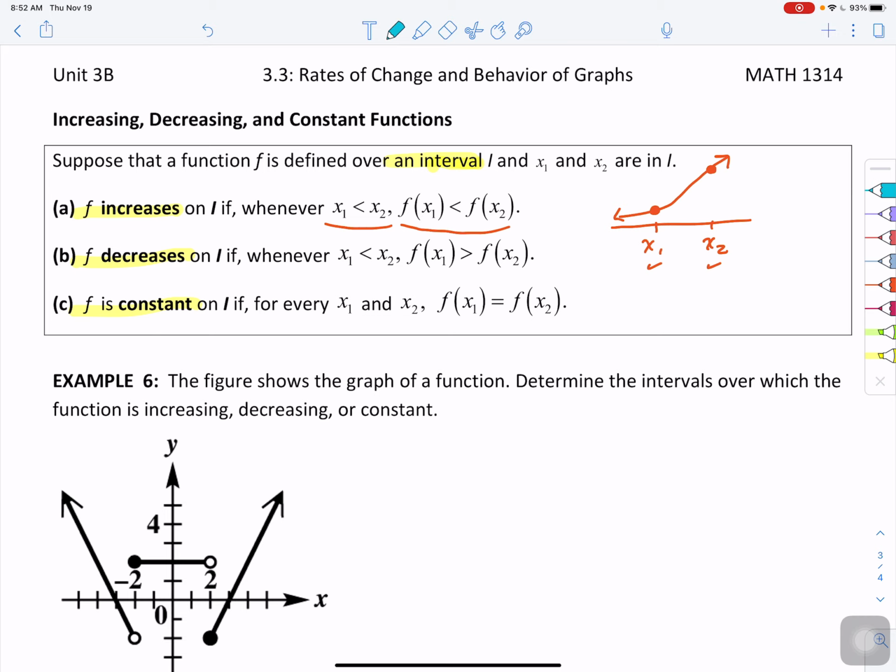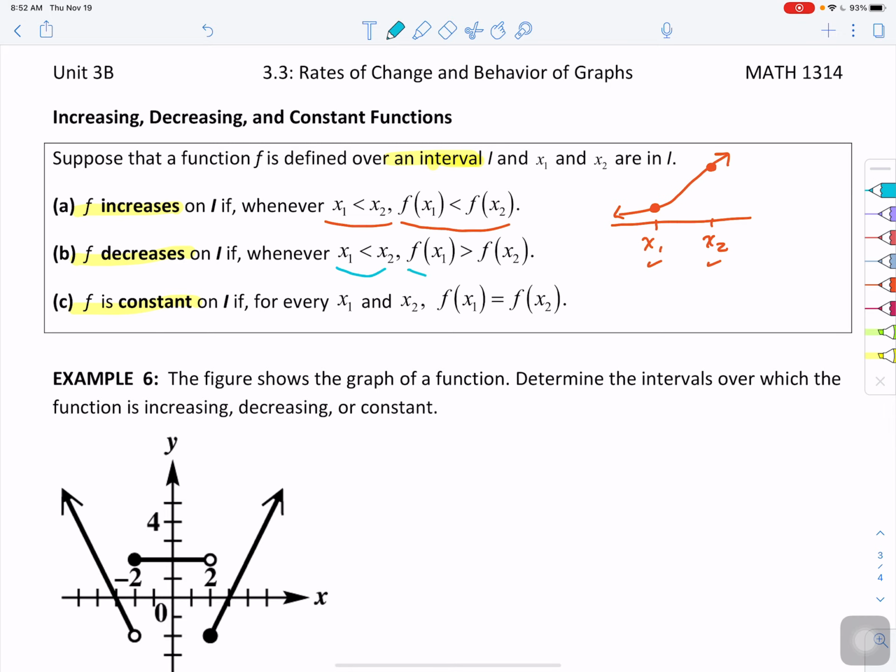Likewise, let's take care of the same graph, but now x1 is still less than x2, but now the y value for x1 is greater than the y value for x2.